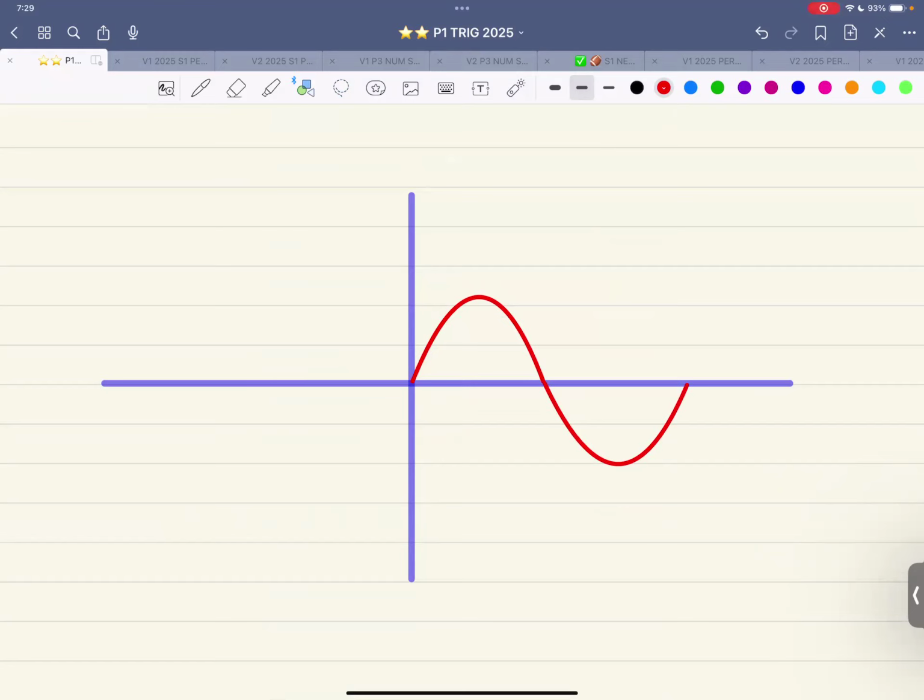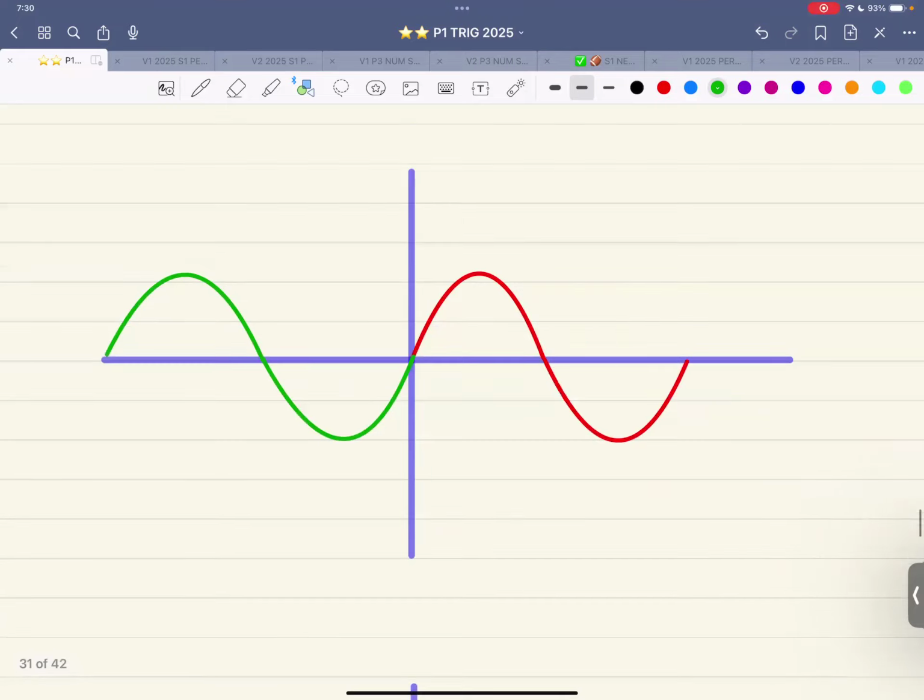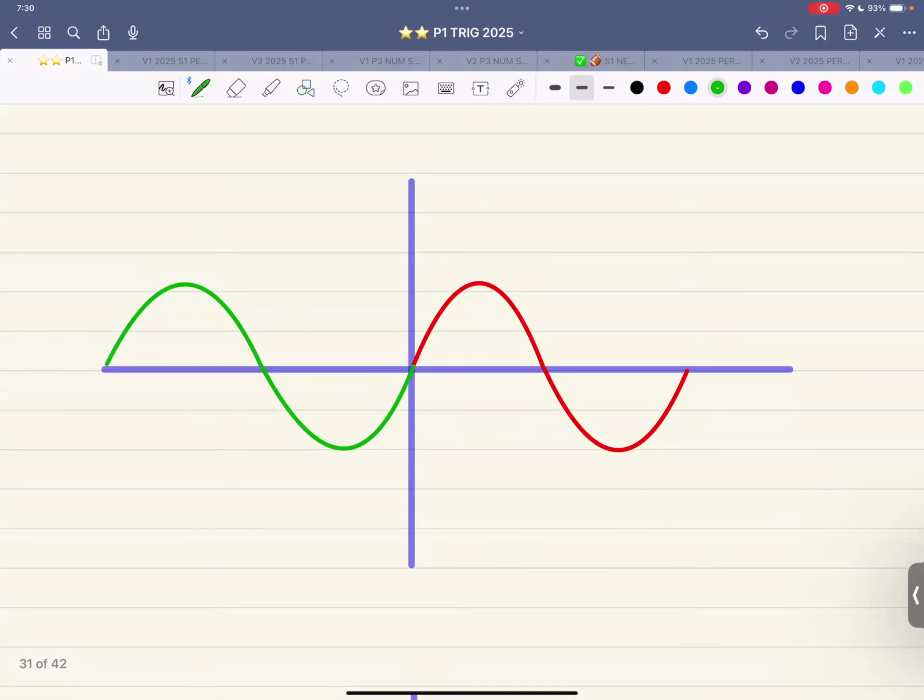That is one cycle on the right hand side. And then let me draw on the left hand side because the same thing will continue like this. Okay, so now that is the graph.